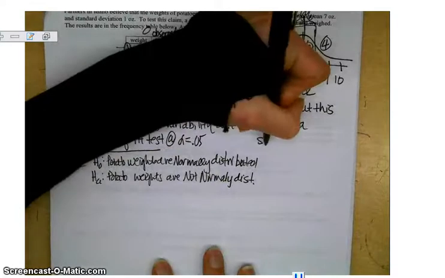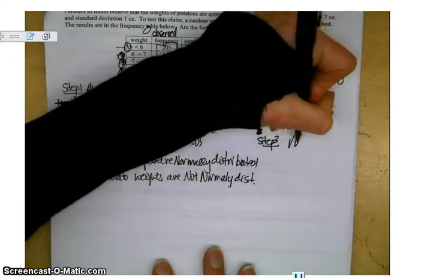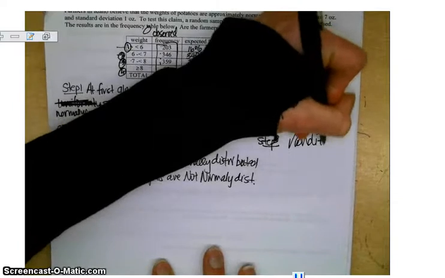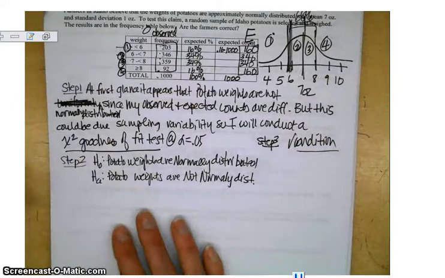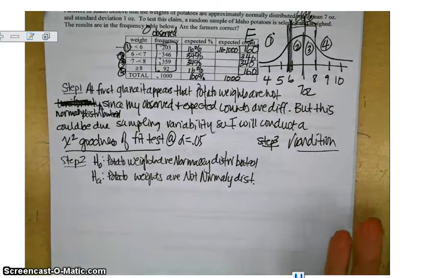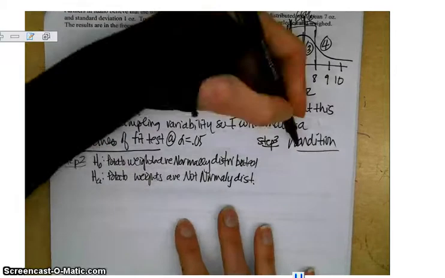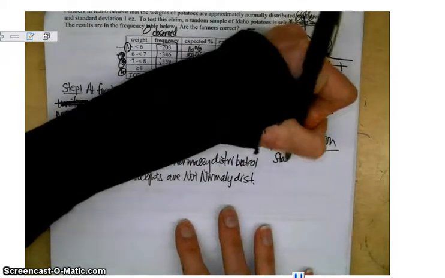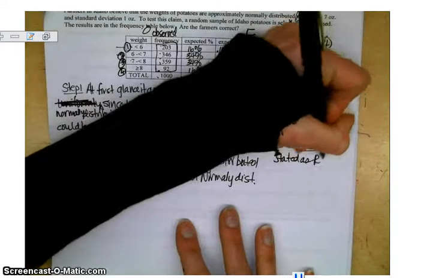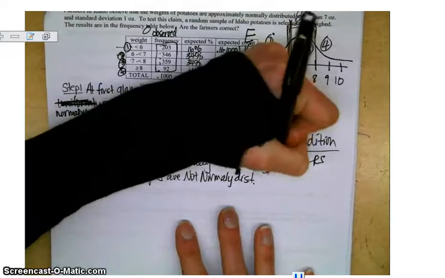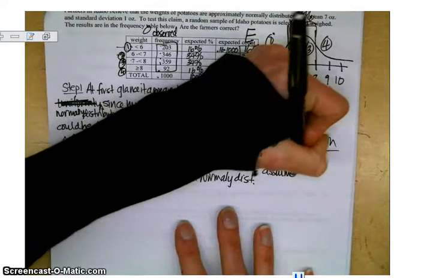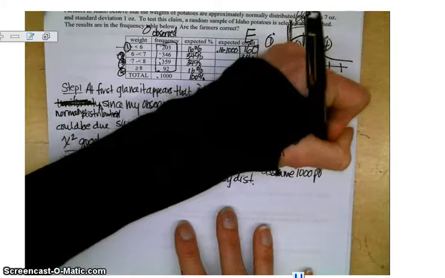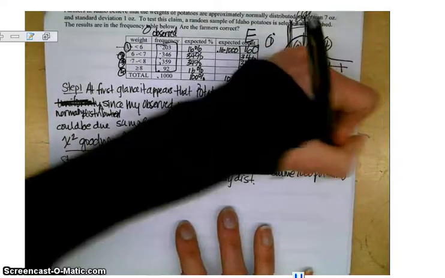Step 3, we're going to check our conditions. If you've already got your table made, the conditions are pretty easy to check. It's the same as other conditions. The only thing is the large sample size. You have to remember that all the expected values have to be greater than 5. So check the conditions. It is stated as a random sample. We're going to assume that 1,000 potatoes is less than 10% of all potatoes.